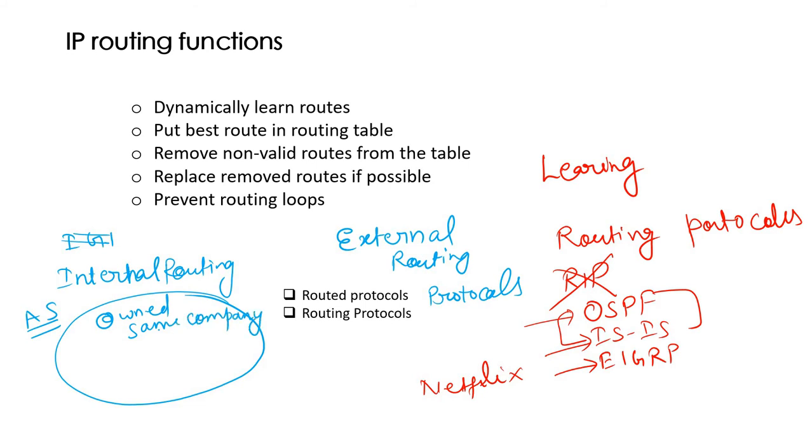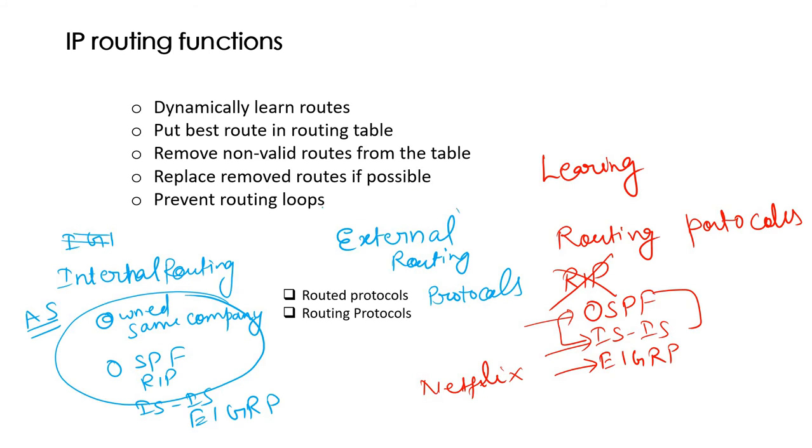Wherever the amount of routing information is less, we use internal routing protocols. Internal routing protocols are OSPF, RIP, ISIS, and EIGRP.